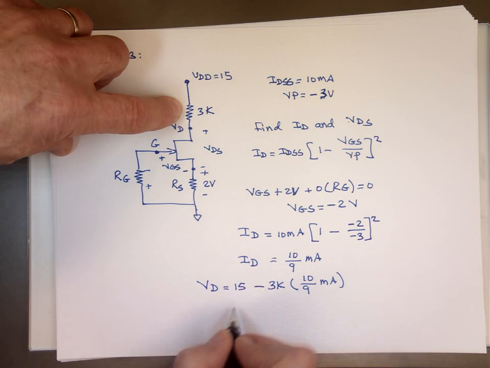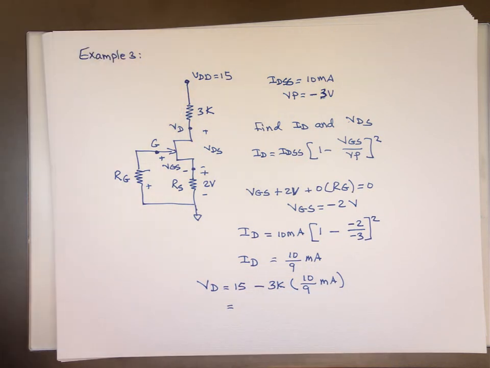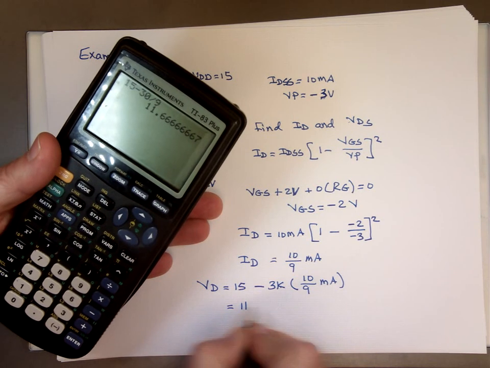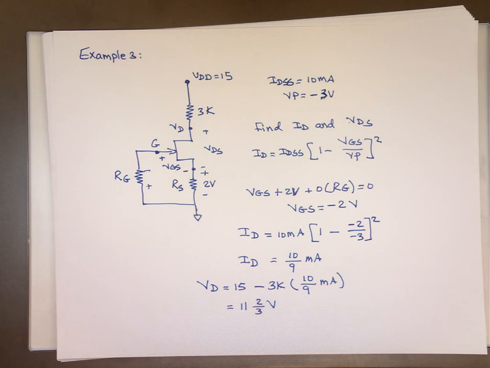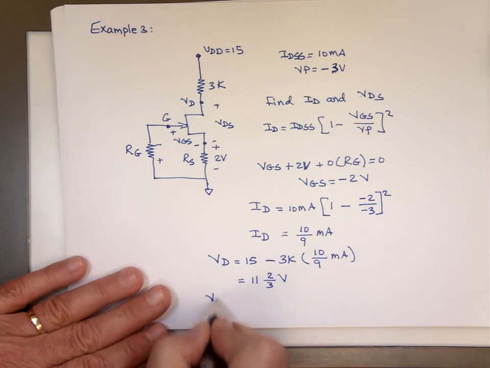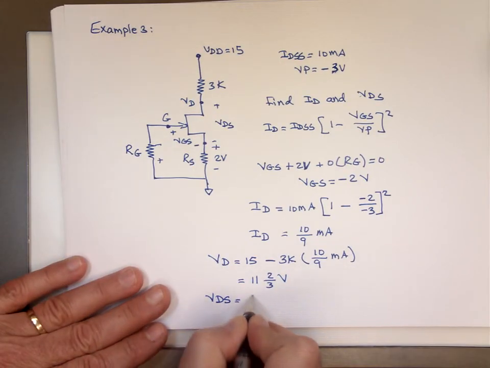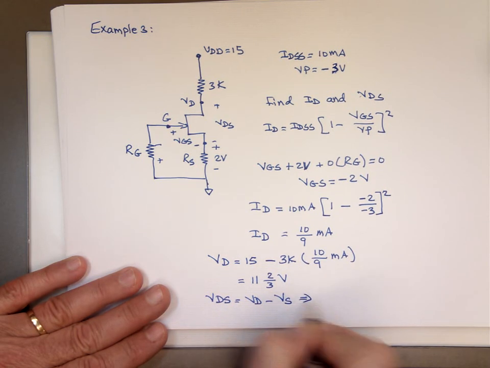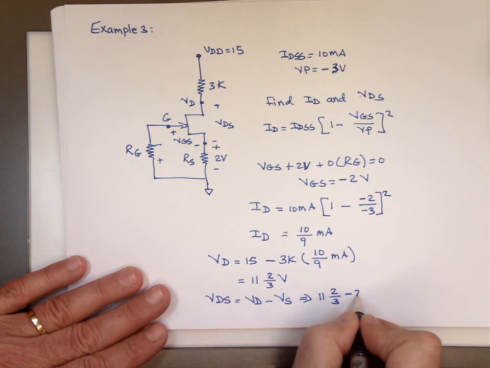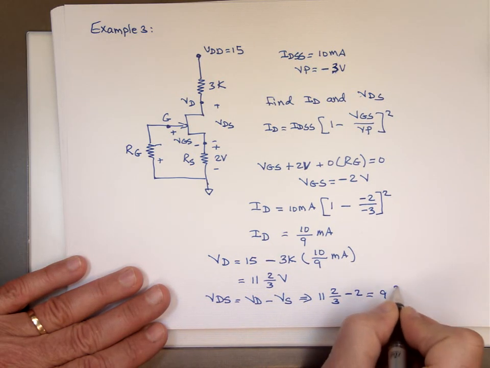So that will be 15 minus 30 over 9, which is 11 2/3. So what's VDS? It's VD minus VS, and VD is 11 2/3 minus VS, which is 2. That's 9 2/3 volts.